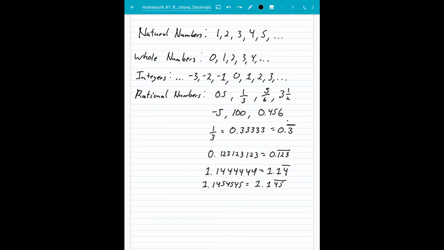So the next one would be irrational numbers. Irrational numbers are numbers that are decimals that do not repeat in some kind of given pattern. If we look at something like the number pi, you might be familiar with pi, 3.14.